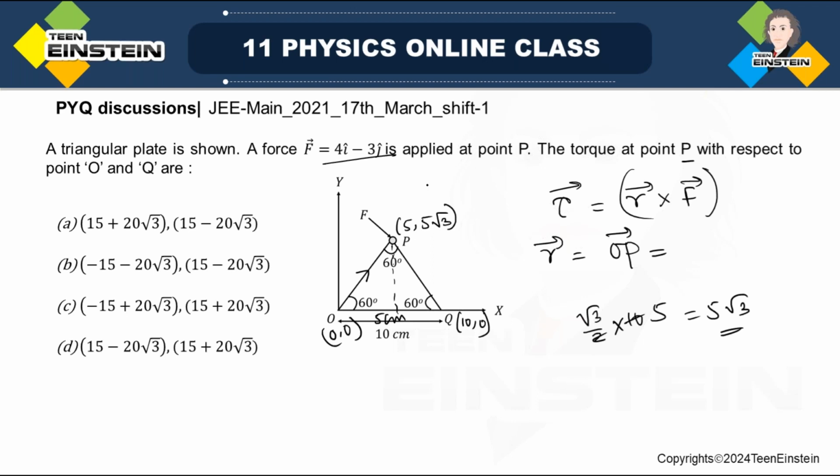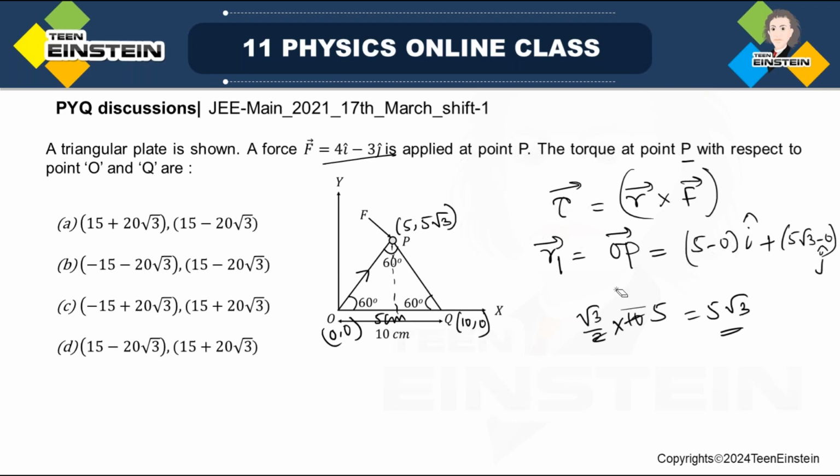There are two torques you have to find out, one with respect to O, another with respect to Q. Let me write, this is r1. So r1 is OP, so let us write in terms of vector OP. I just take 5 minus 0 i cap plus 5 root 3 minus 0 j cap.